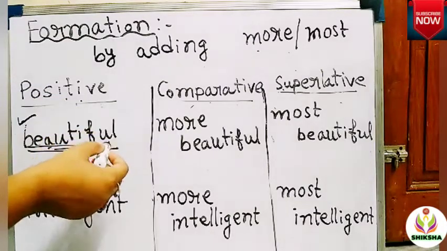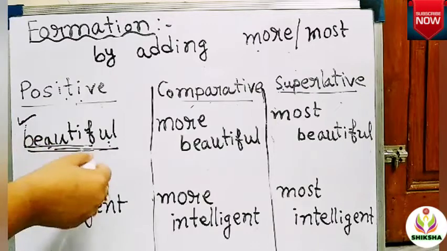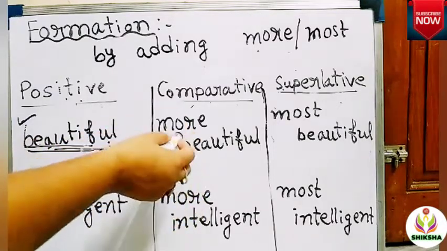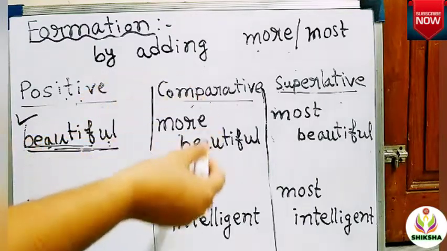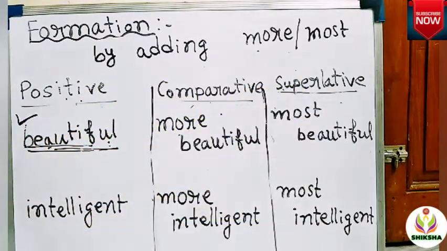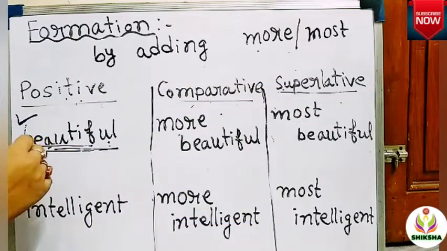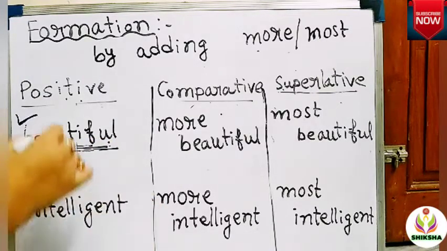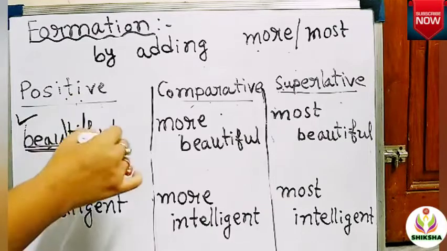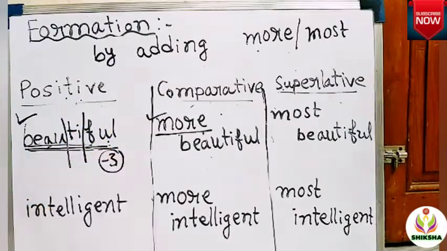When the positive form has more than 2 syllables, we add more and most before the positive form to make the comparative and superlative form. For example, here the word is beautiful. How many syllables are there? Beautiful. 3 syllables.